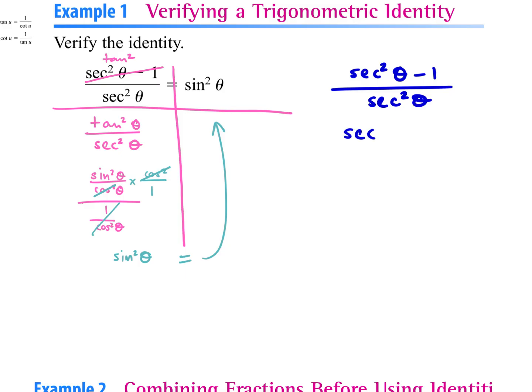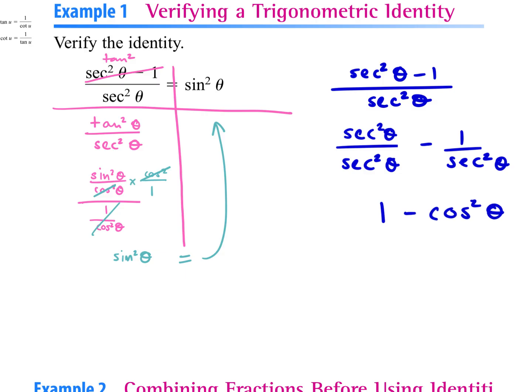So I could say secant squared over secant squared minus 1 over secant squared. What's secant squared over secant squared? 1 minus, what's 1 over secant squared? Cosine squared. And 1 minus cosine squared is sine squared. So you could do it this way too. There are multiple different ways that you can simplify these. There's more than one correct way to do these.